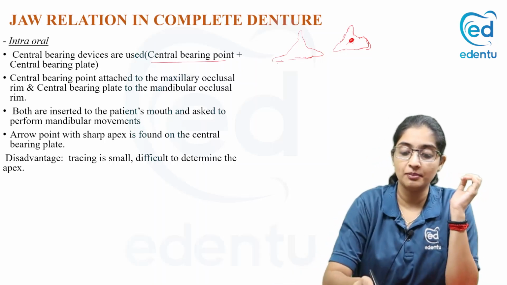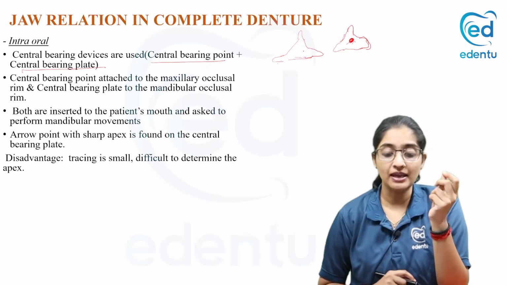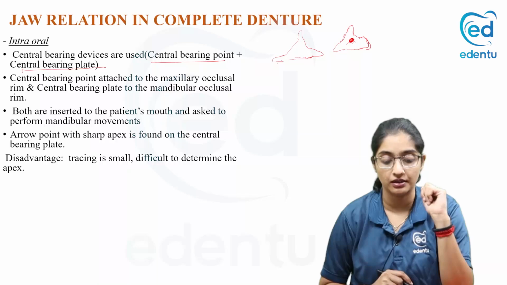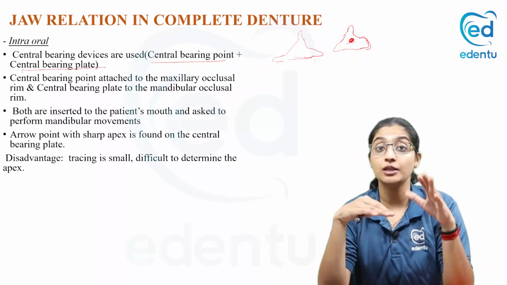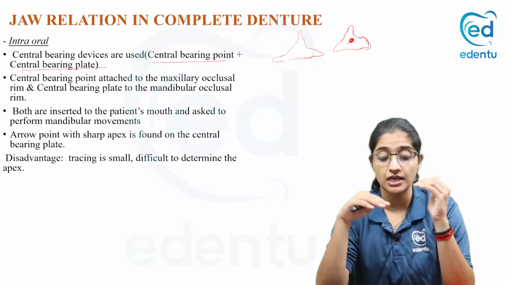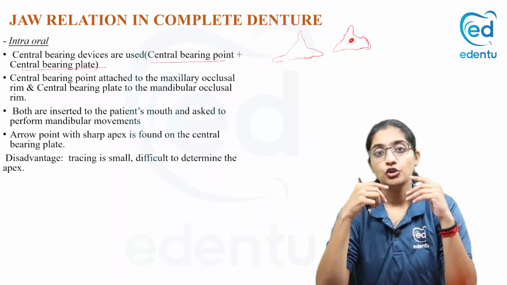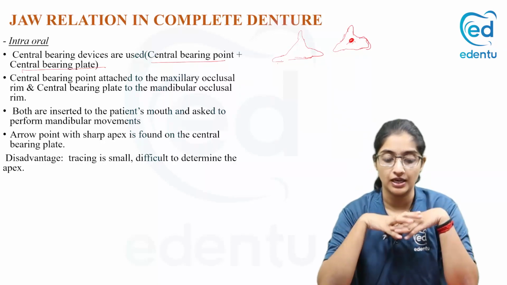So, you have a central bearing point and a central bearing plate. Now, the central bearing point is attached to the maxillary rim and the plate is attached to the mandibular rim. Both are placed inside the patient's mouth, and the patient is asked to do all the centric movements, and once that is done, you ask the patient to move in the maximum protrusive, right lateral and left lateral. Okay.